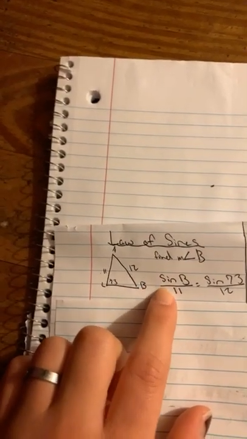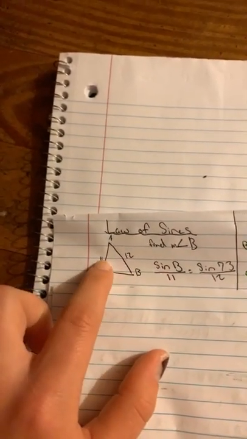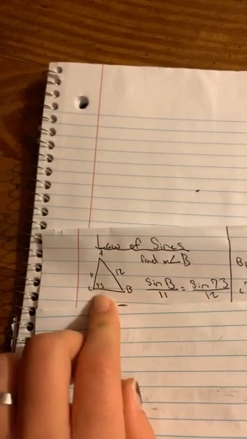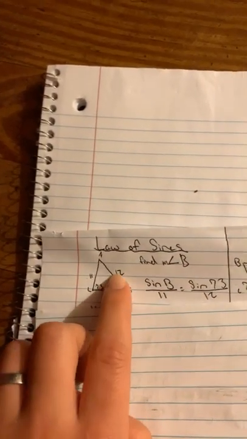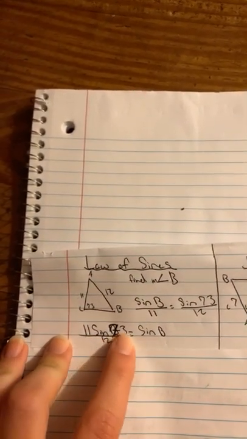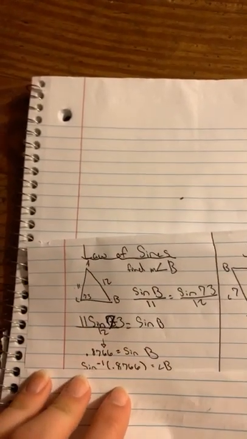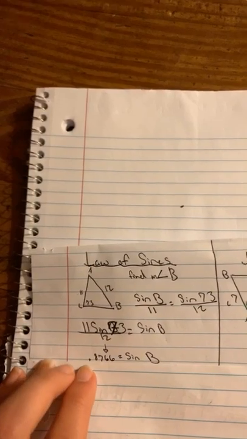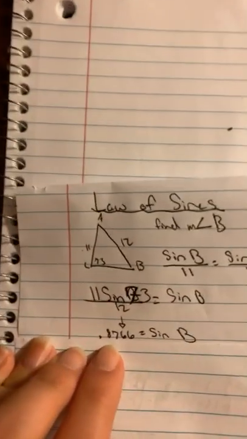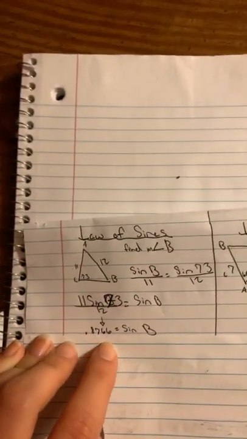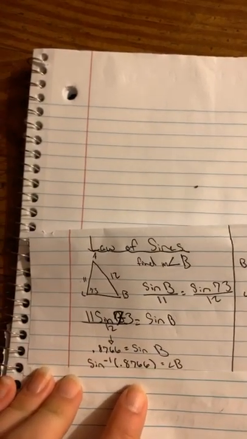Sine of b over 11, because that's side b, equals sine of 73 over the side that correlates to that. If we cross multiply, we get 11 sine 73 over 12 equals sine b. Then we get 0.8766 equals sine b.